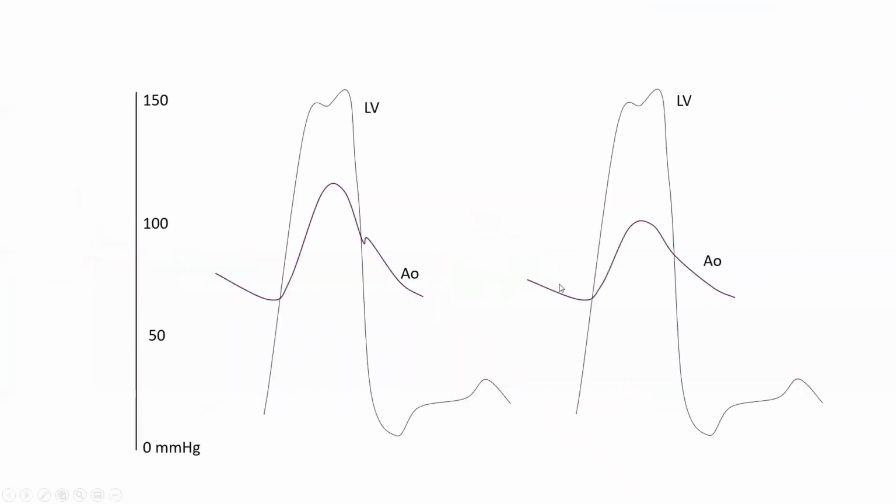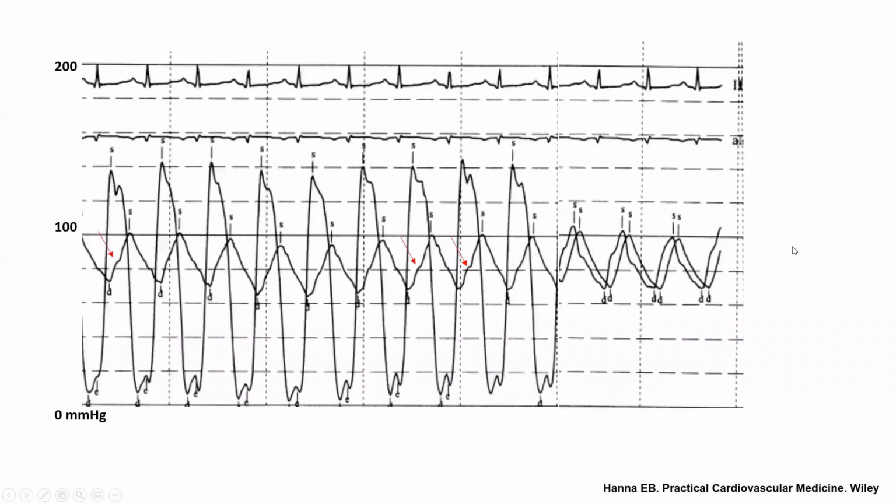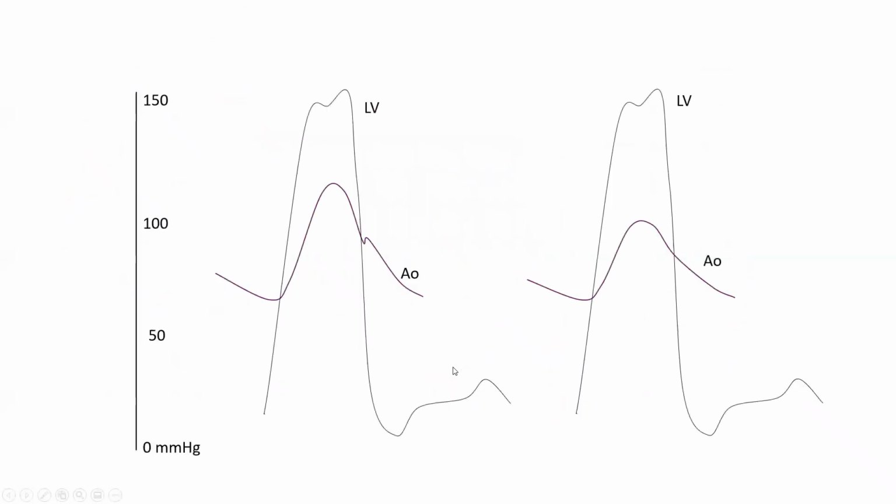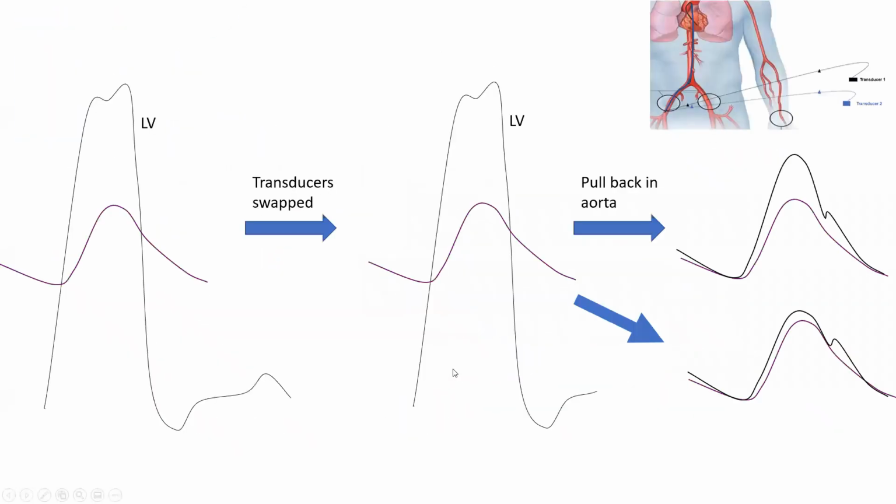As I mentioned, normally when you pull back in the aorta, the pressure recording should be absolutely superimposed. Here, if you're damped but not horribly so, you'll get pressures almost superimposed, and there may be 2-3 millimeter of mercury difference that you can account for, and you may accept your recordings.